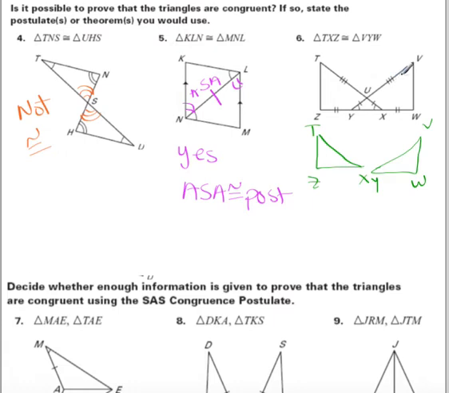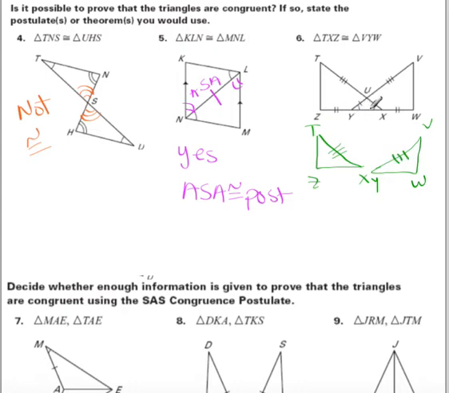And so this piece from Y to V has a 1 marking and a 3 marking, which matches from T to X that has 1 marking and 3 markings. So those sides are congruent. I'm going to go ahead and just mark it like that.